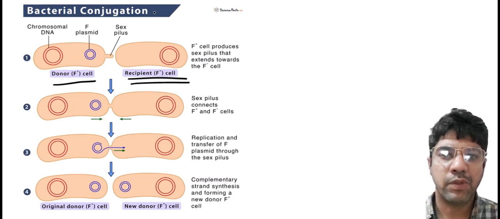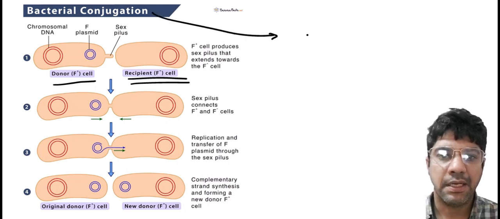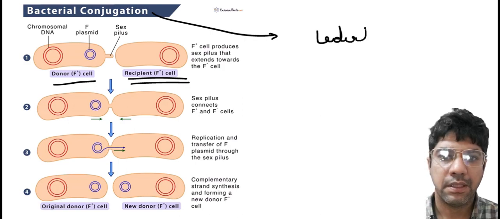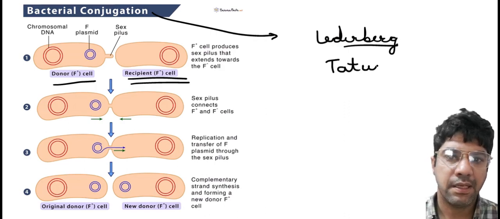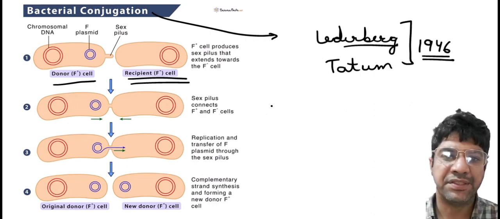Bacterial conjugation was first discovered by Lederberg and Edward Tatum in the year 1946. They conducted their research on E. coli.